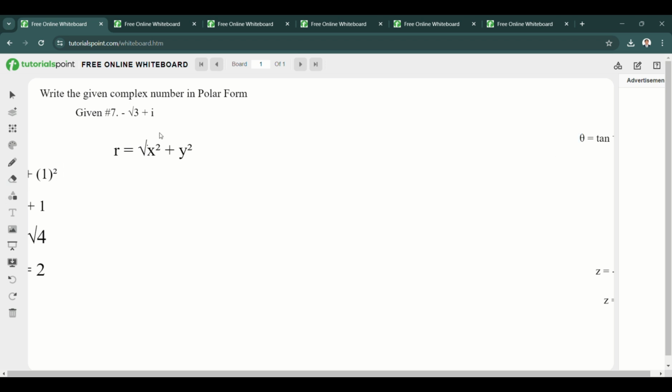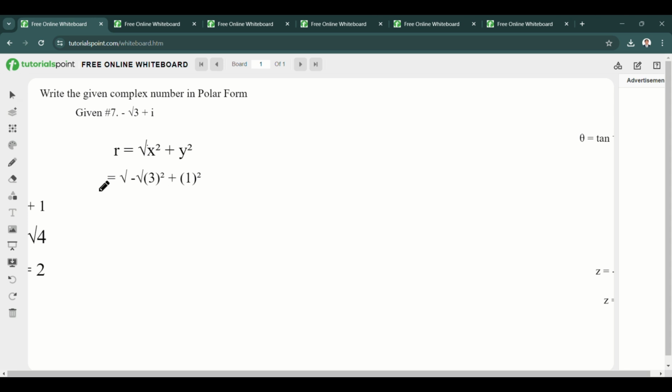Then next is number 7, where the given is negative square root of 3 plus i. So we'll have it in the form of a plus bi. We substitute the values, which is equivalent to the square root of negative square root of 3 squared plus 1 squared.